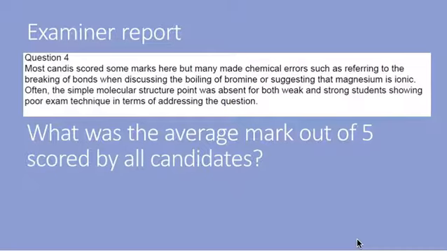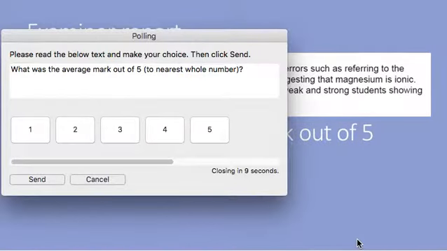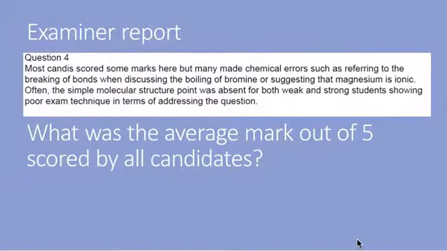I'm interested to know what you think was the average mark, to the nearest mark, out of 5 scored by all the candidates who took this, and there were over 20,000 of them. What do you think was the average mark scored out of 5?